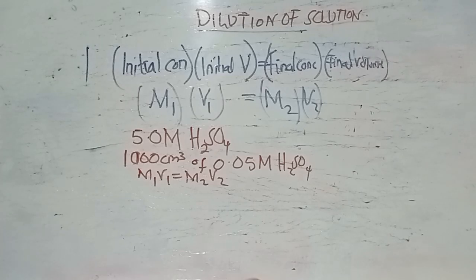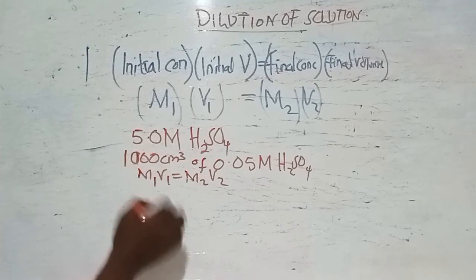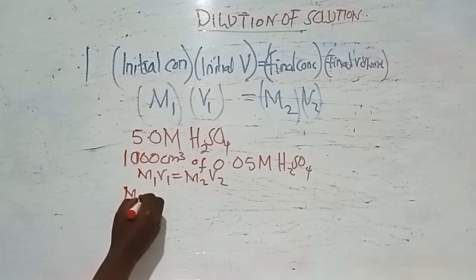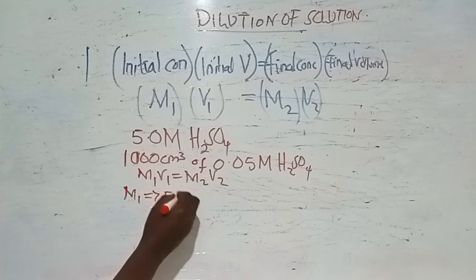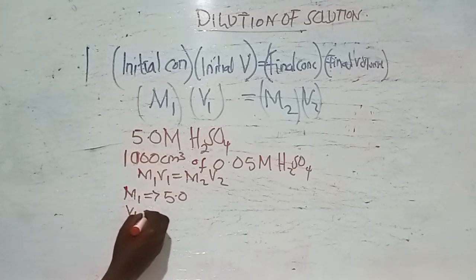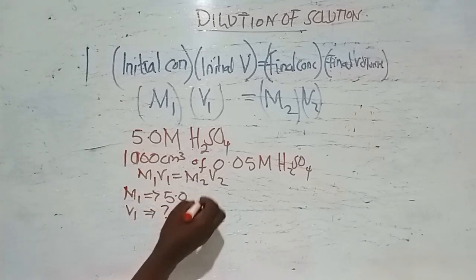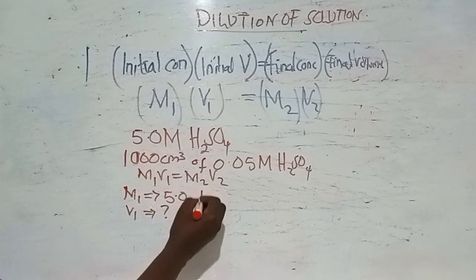So do we have our first molarity, the initial concentration? Yes, we have the initial concentration as 5.0. So our M1 is 5.0. Do we have our initial volume? No, we do not have. Now, do we have our final concentration? Yes, which is 0.05 molar.